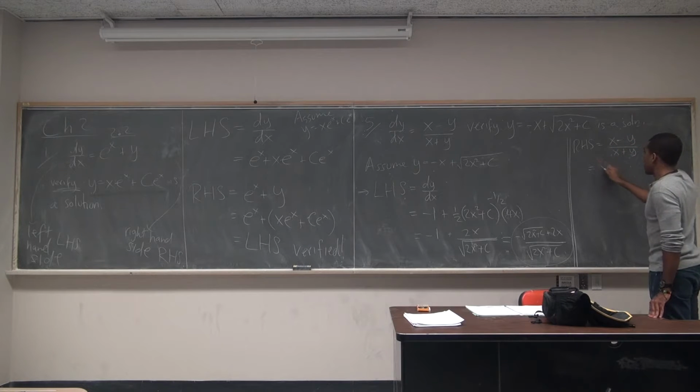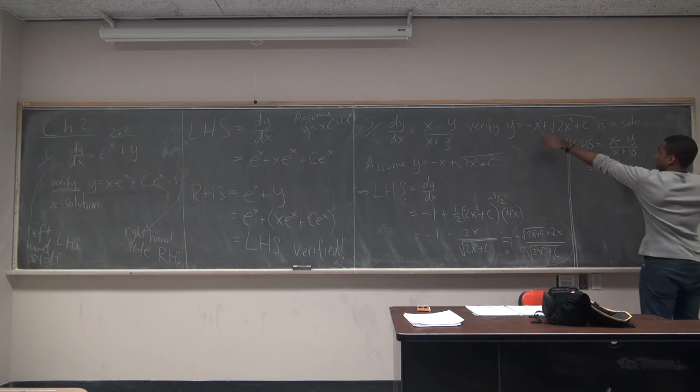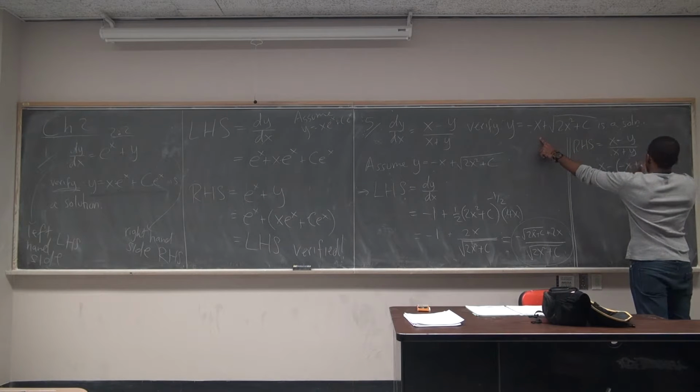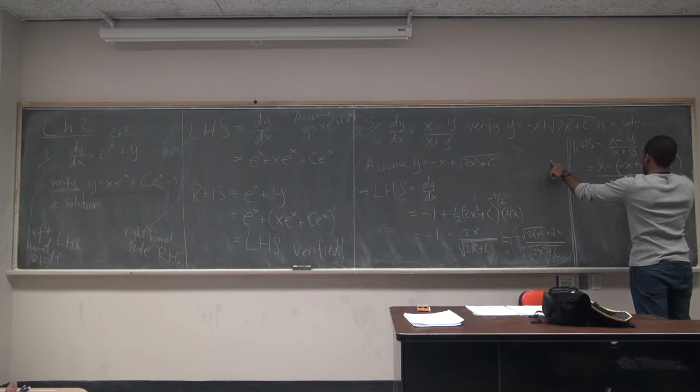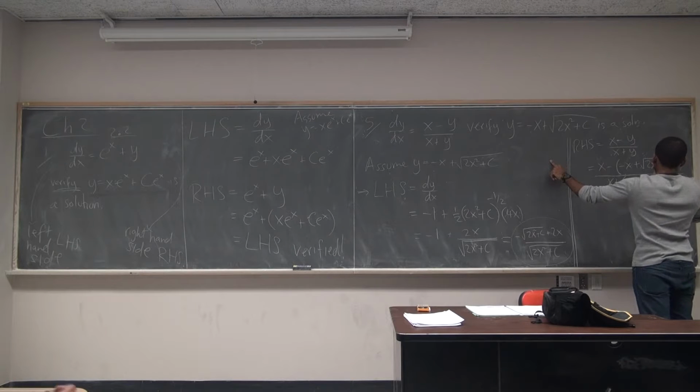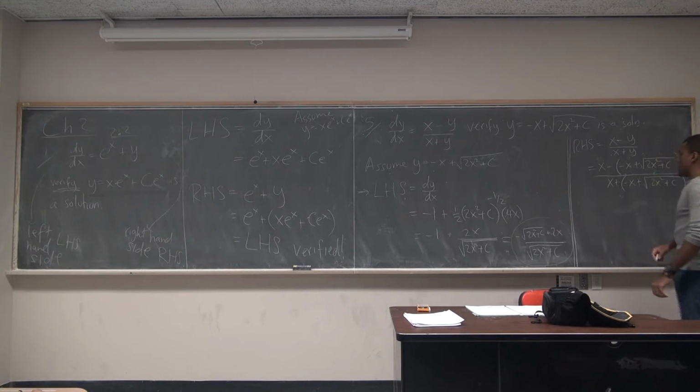So I'm just going to start putting things in. x minus my y is this, over x plus that. So on top, I have x minus a minus x, which gives me 2x. Then I have minus this guy.